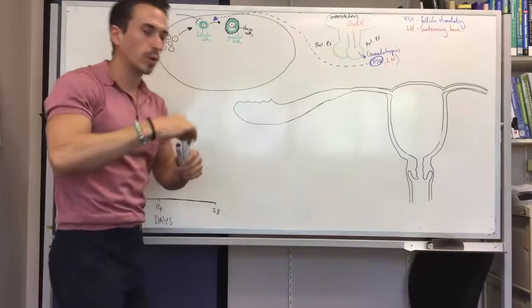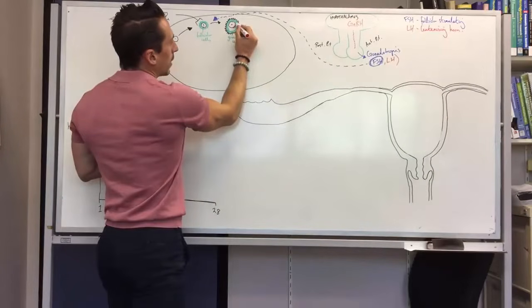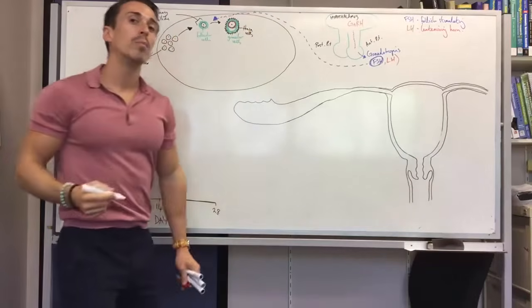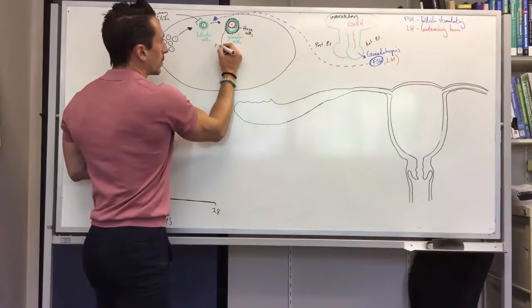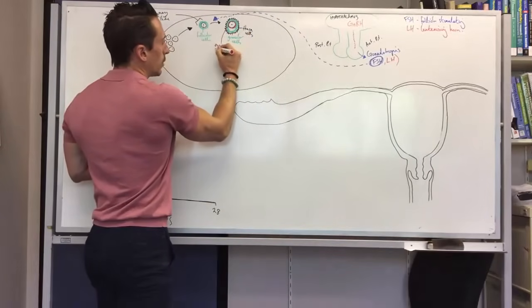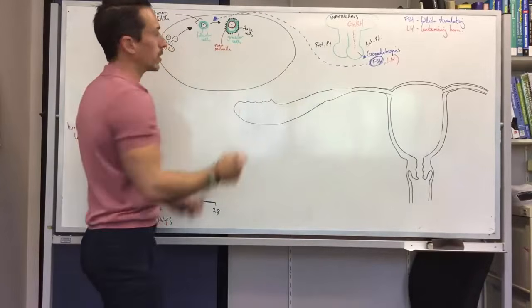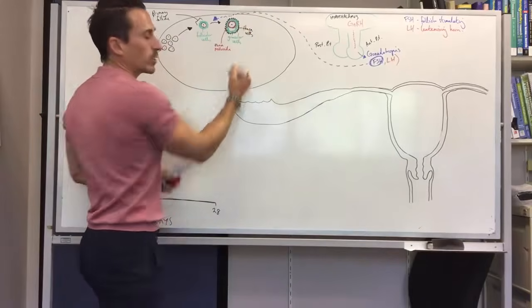And very importantly, surrounding the oocyte is a layer called the zona pellucida. So I'm just going to write that down here. Zona pellucida. What's the importance of this zona pellucida layer surrounding the oocyte?